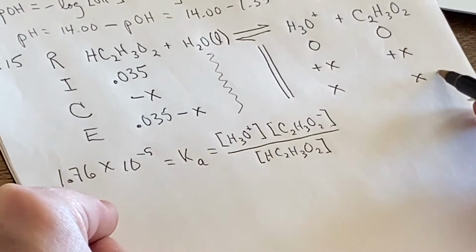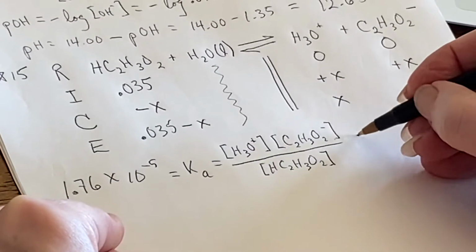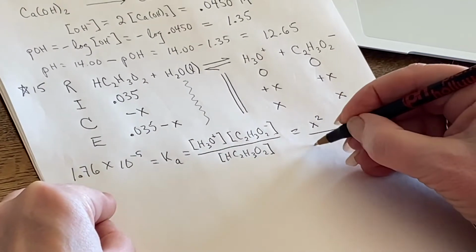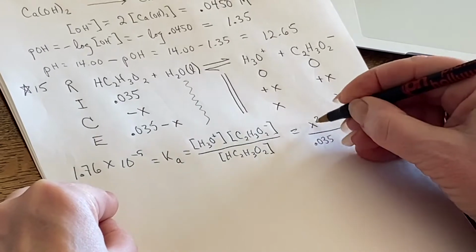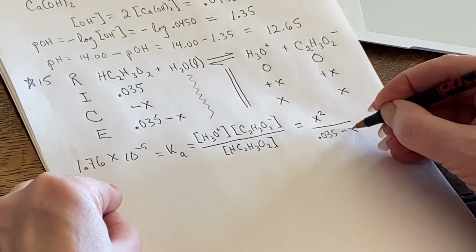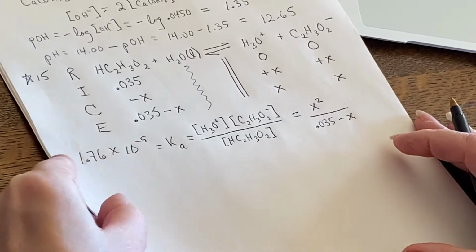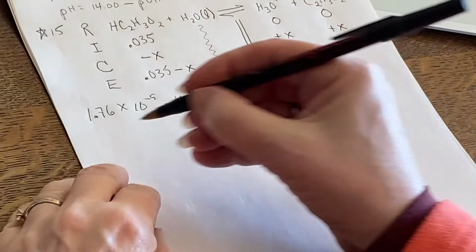I have all of those right here. So this turns into X squared over 0.035 minus X.